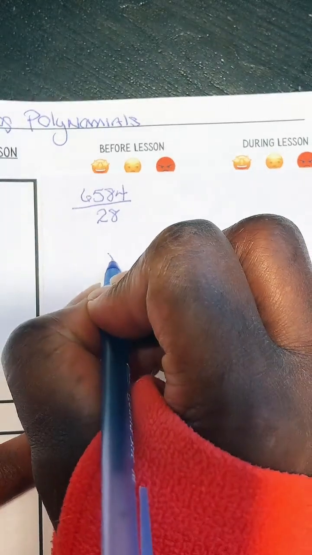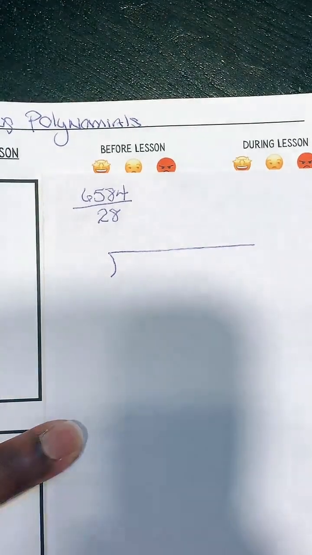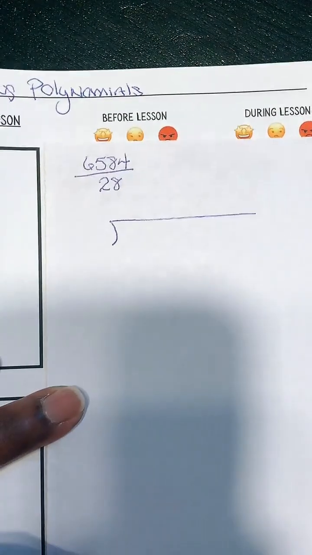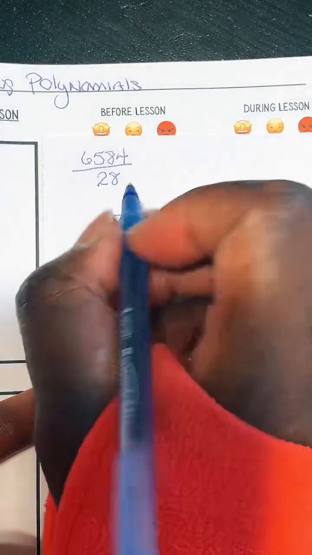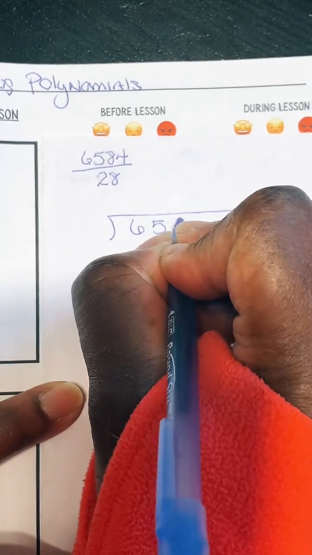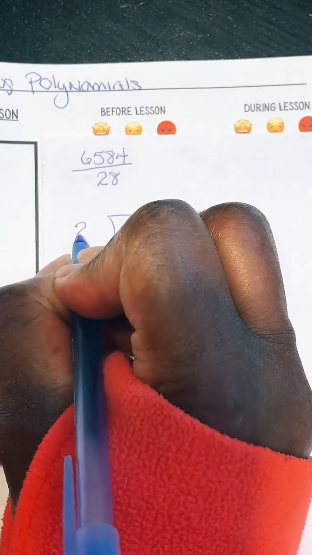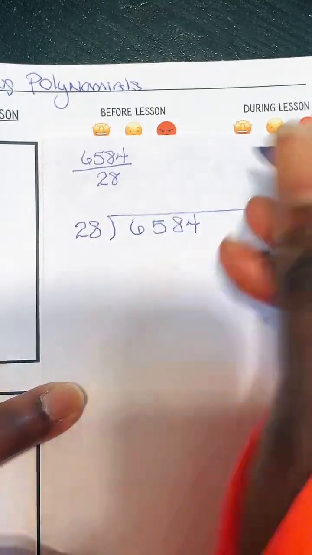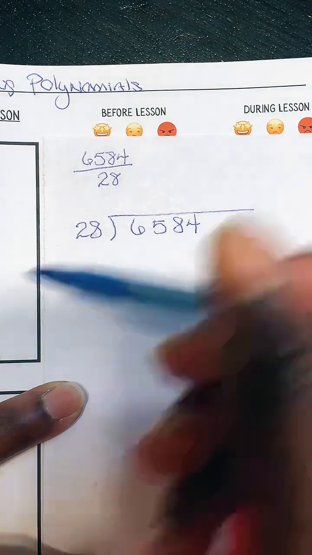So if I'm doing my long division sign, which you're probably like, ooh, I haven't seen one of those in a minute, what goes underneath that long division sign is my 6,584. What goes out as my divisor is the 28. And the answer that we're going to get, that's going to be up top here, that's my quotient.